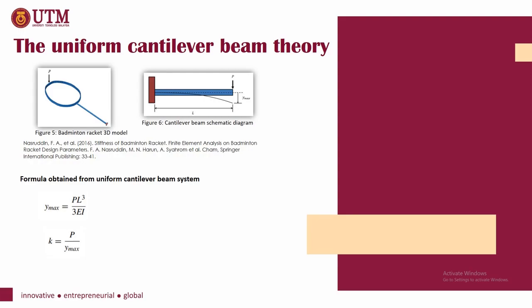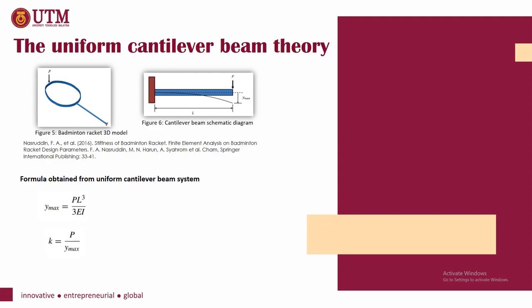The project follows the study by Nasruddin et al. in 2016. Figures 5 and 6 theoretically express the deflection of the shaft using the uniform cantilever beam system but with different designs tested.